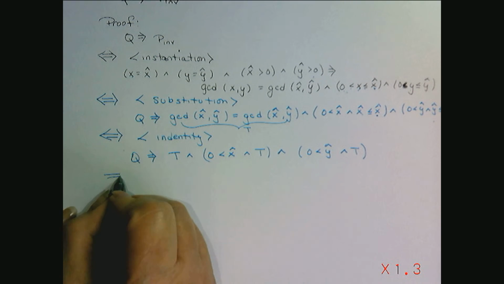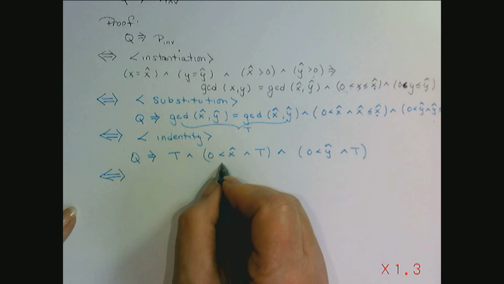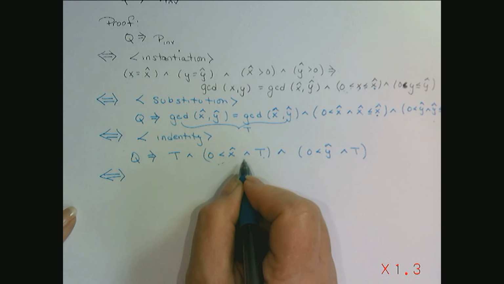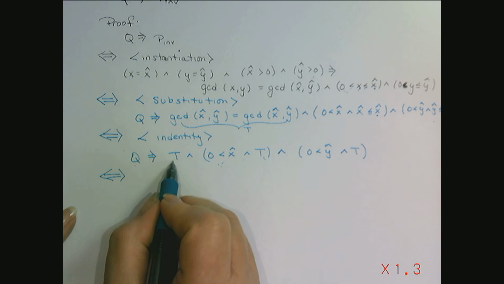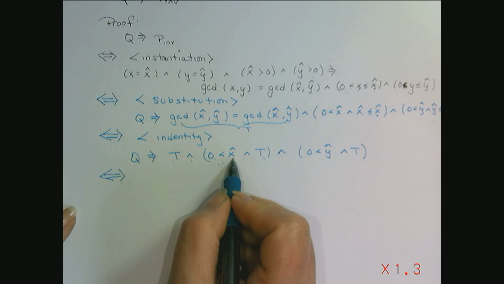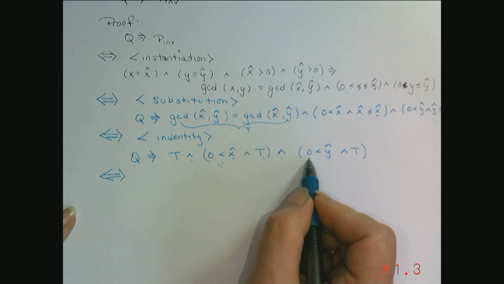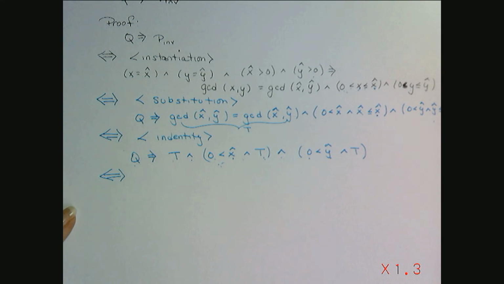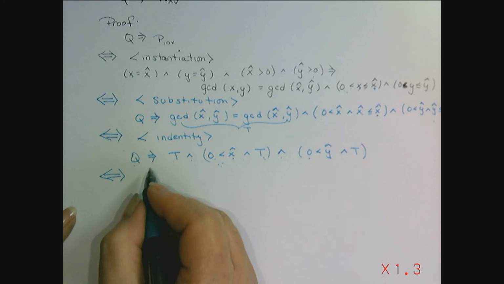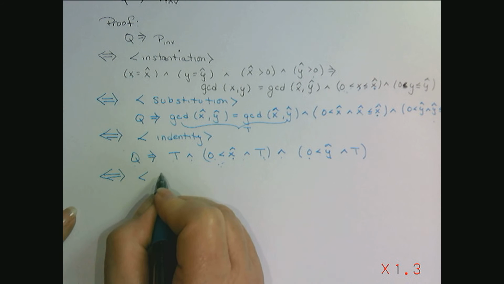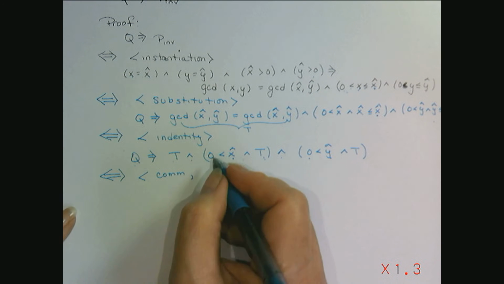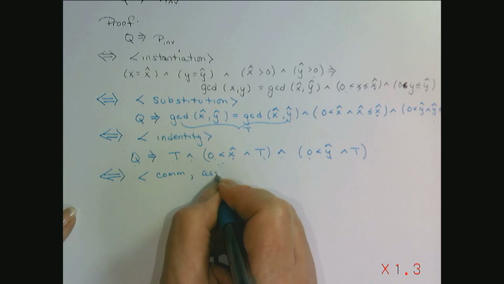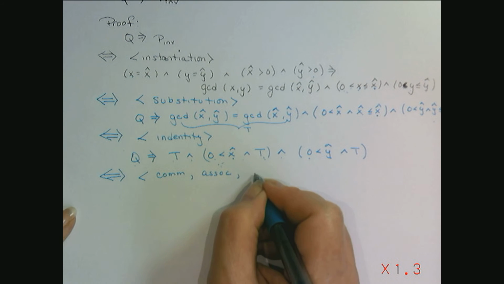If I now want to simplify further, by and simplification, any expression and true is the expression. So this is just Q implies true and the expression that 0 is less than x hat and 0 is less than y hat.